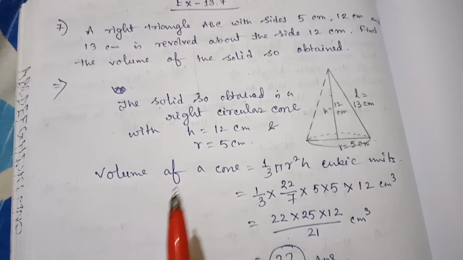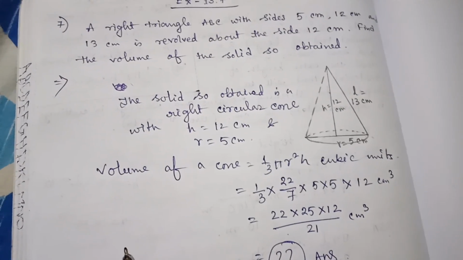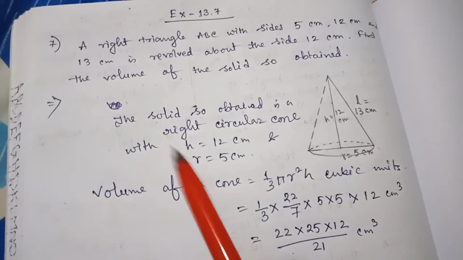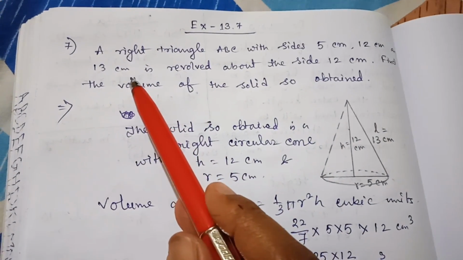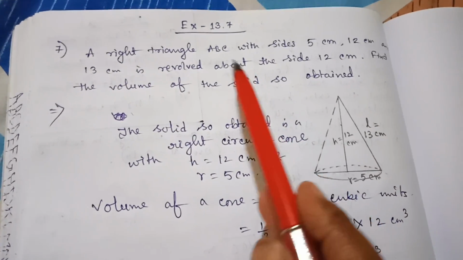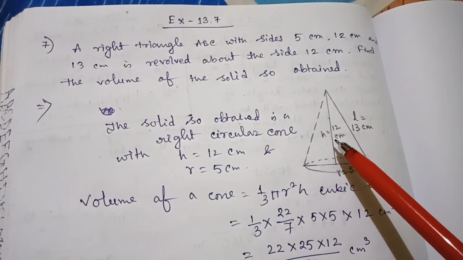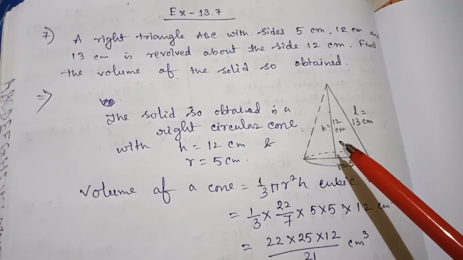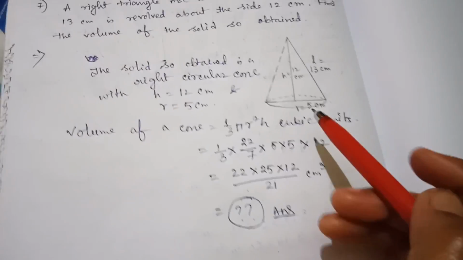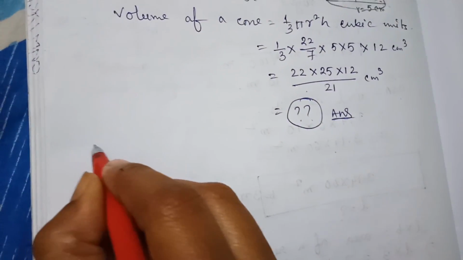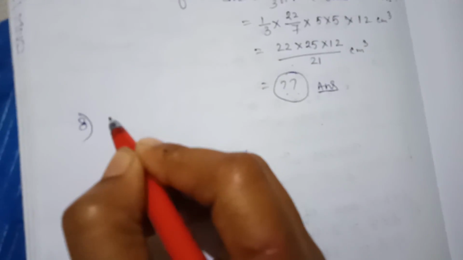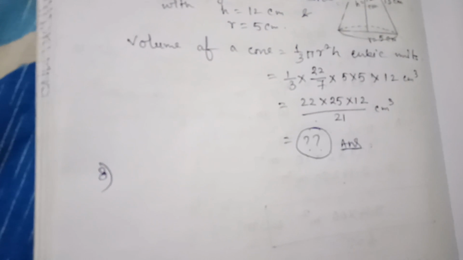It's very simple. But why have I chosen question number 7? Because it was not a direct question. You need to know how a right circular cone is generated. Okay. Coming to question number 8. You look at question number 8 once.